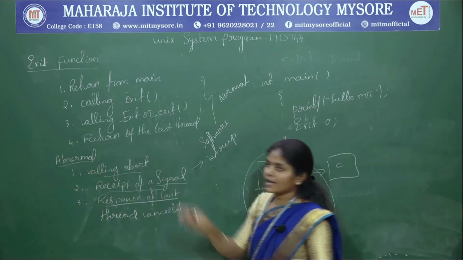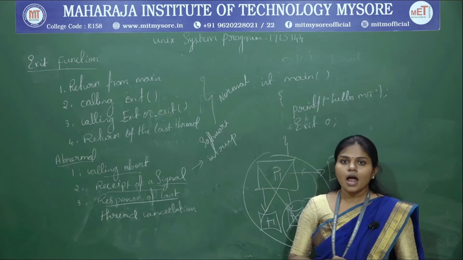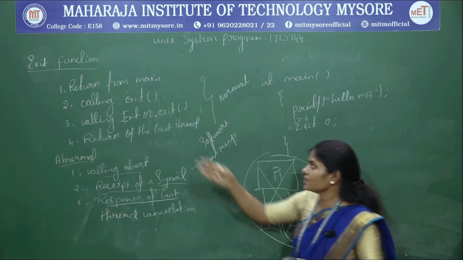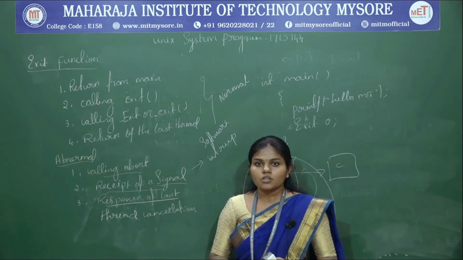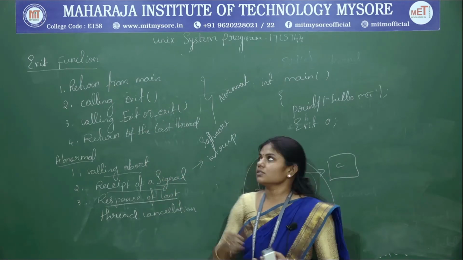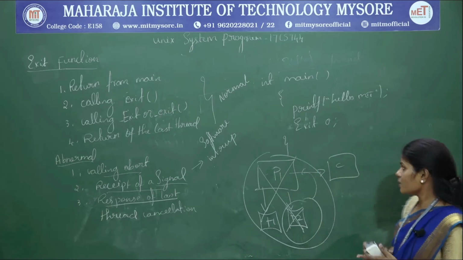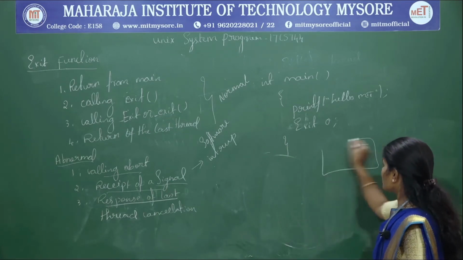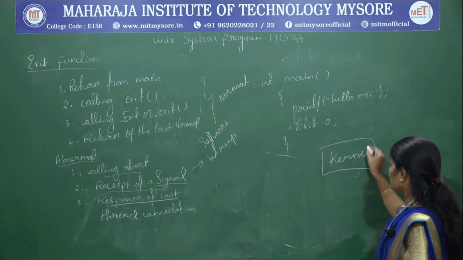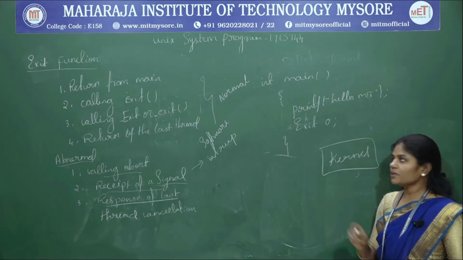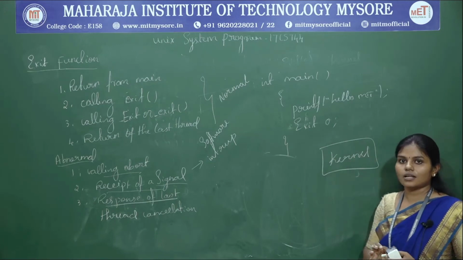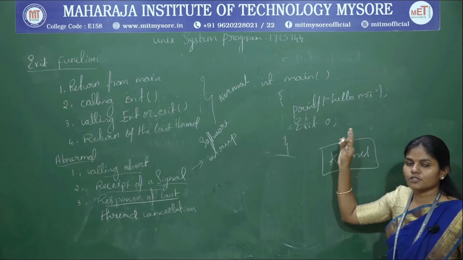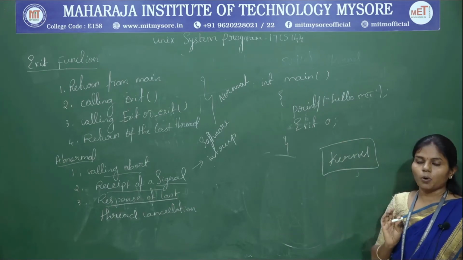So this is what the exit function does, the normal way and the abnormal way. The kernel is not going to bother about what is normal and abnormal. When it terminates this program, whether successfully or unsuccessfully, using exit of 0 or return of 0, the kernel does not bother.